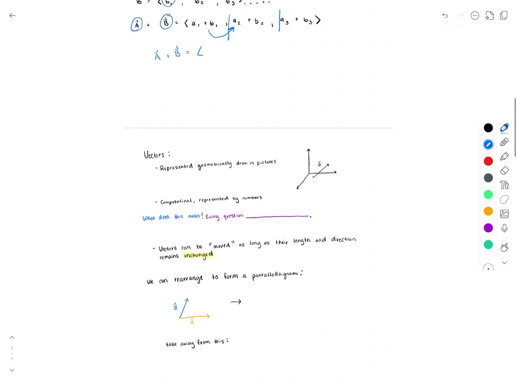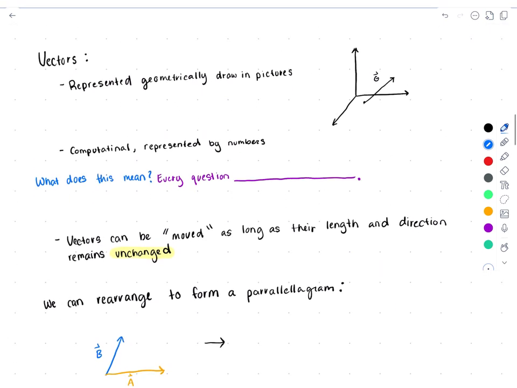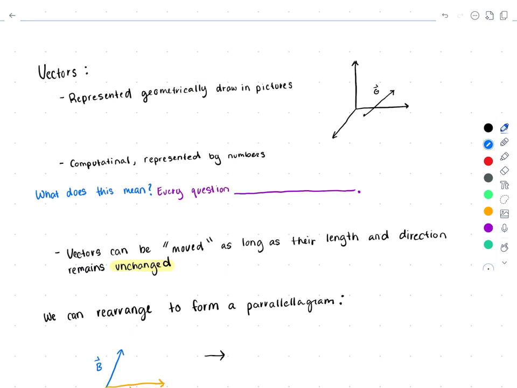So we're back here again with vectors. An interesting property of vectors is that they can be represented both geometrically, like when we draw them in pictures, and computationally, in the form of numbers. So for every question, there's going to be two answers.